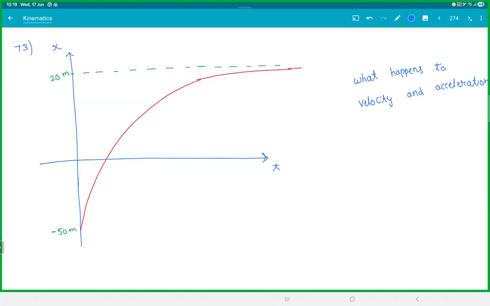Same thing. Velocity ka direction, increasing or decreasing. Acceleration ka direction, increasing or decreasing. That's it. You got me that?